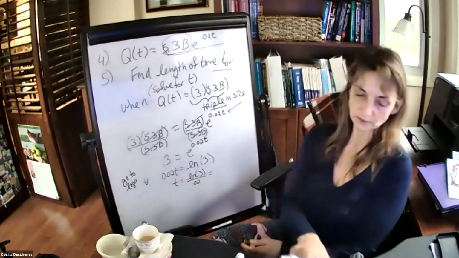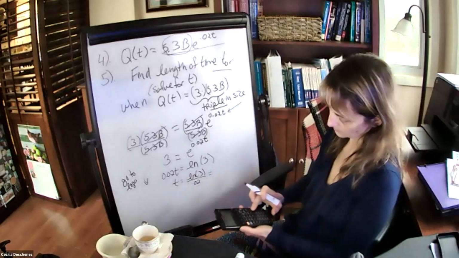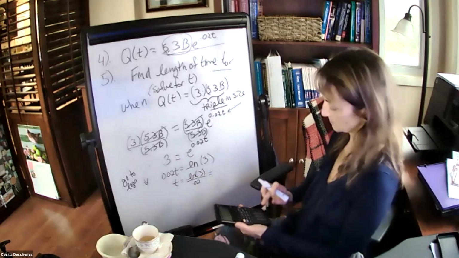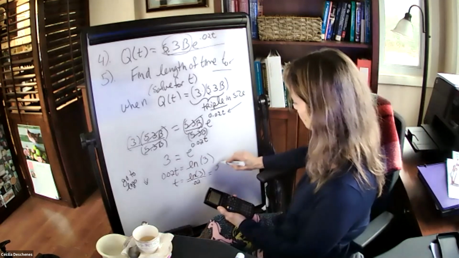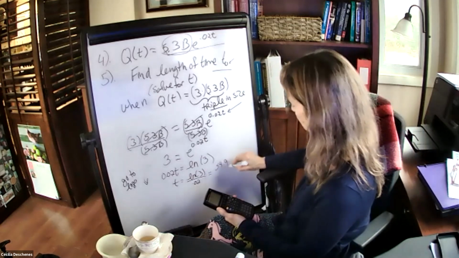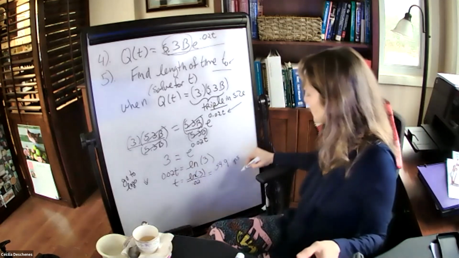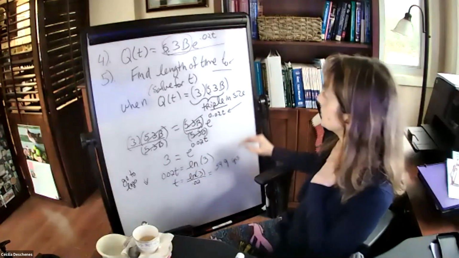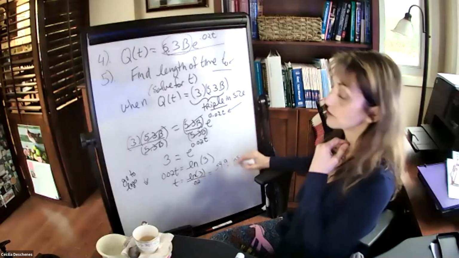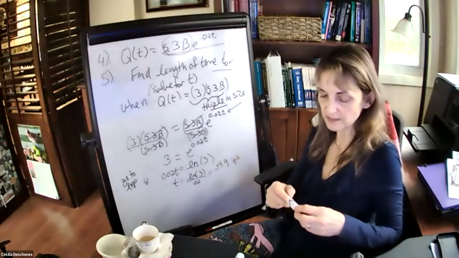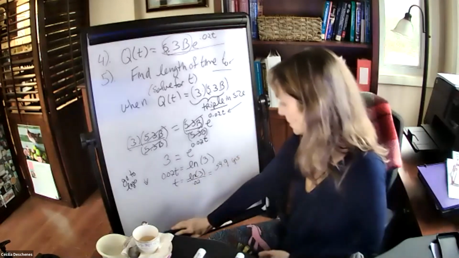And that's equal to 54.9. So the population will, and this is years, so the population will triple in 54.9 years. So that is less than one person's lifetime, average lifetime.